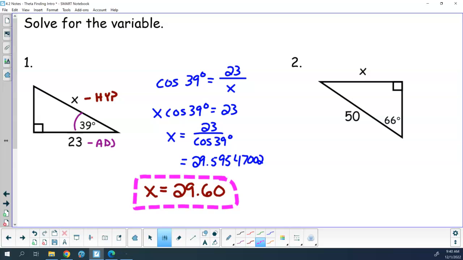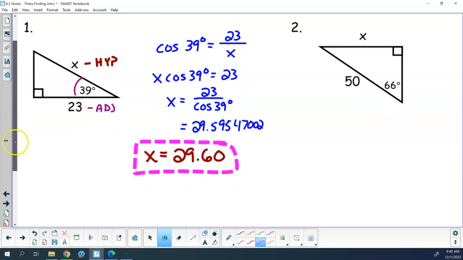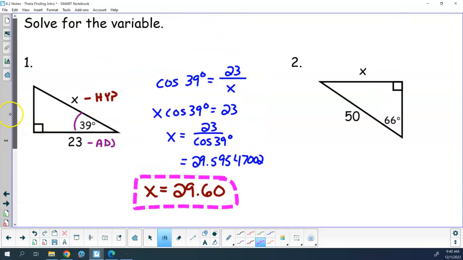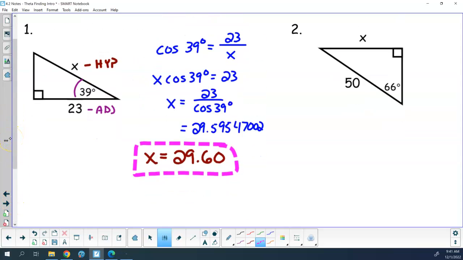Find the X. It's right there. Let's see if there's some down here. Nope, no more down there. Good. So find the X. Sine deals with opposite and hypotenuse, so the sine of 66 degrees is x over 50.